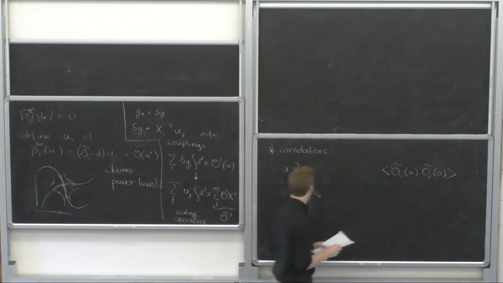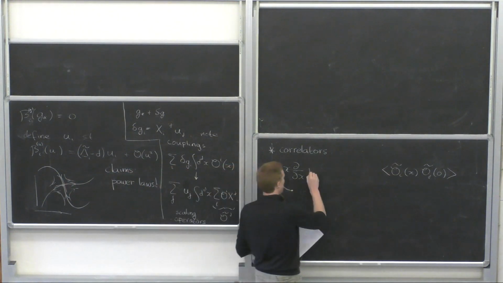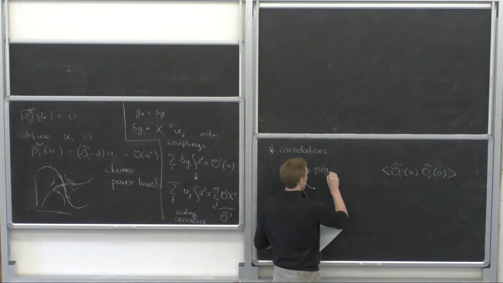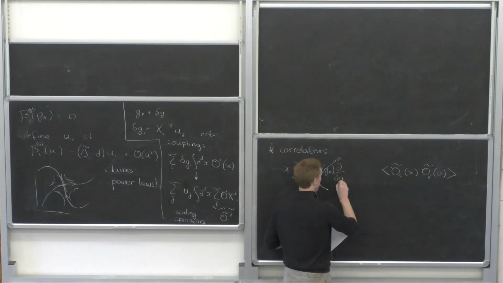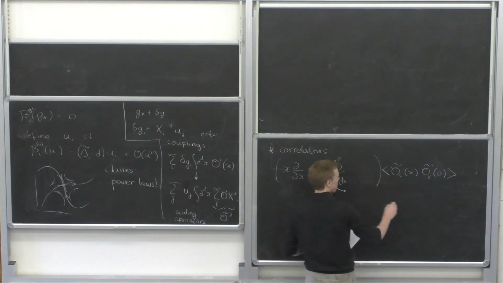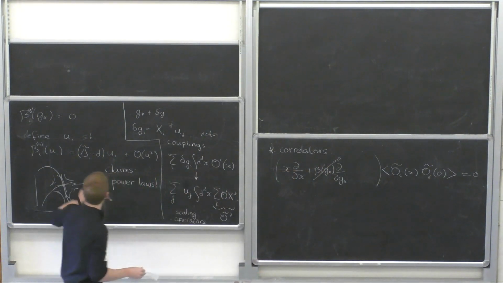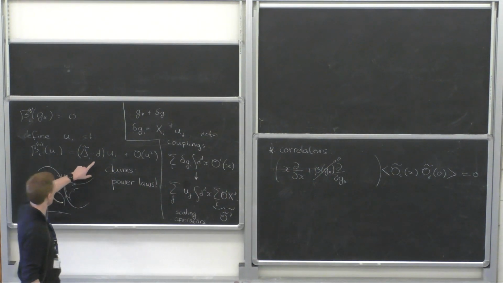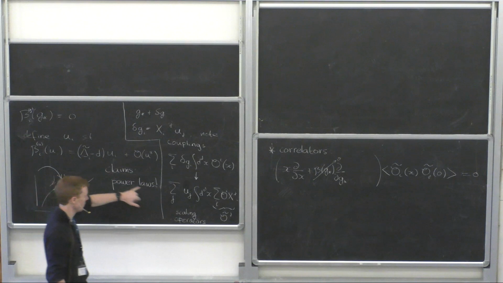You have to do very little work to see that this Callan-Symanzik equation at the fixed points, well, this definitely goes to 0. And then there's the scaling of these operators, which induces, because of this delta tilde minus d, the relation between the scaling dimension of the operator and the first derivative of the beta function.